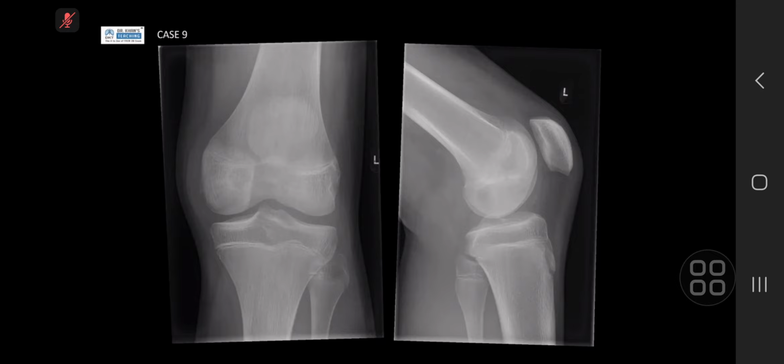For this young age, I'm worried about infectious pathology. This could be a Brodie abscess. I need to do an MRI for more delineation and characterization of this pathology. Good.